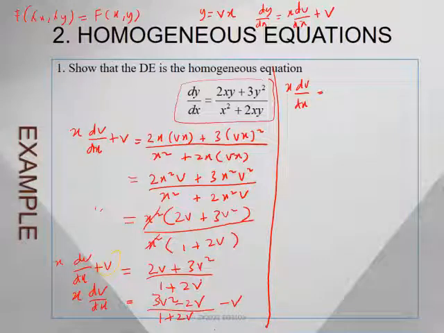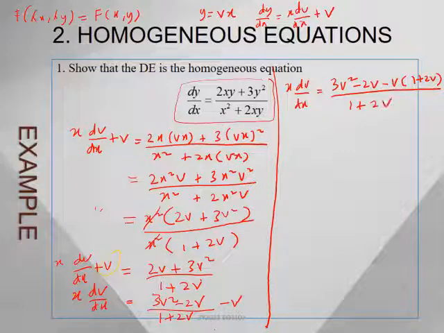So it will be 3v squared minus 2v minus v times 1 plus 2v, divided by 1 plus 2v. Is it correct? Yes, right?